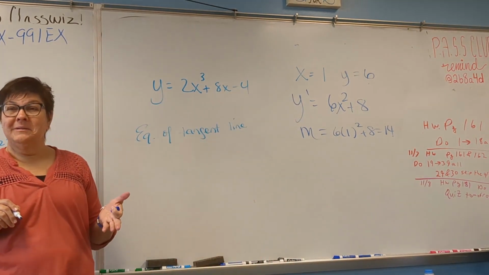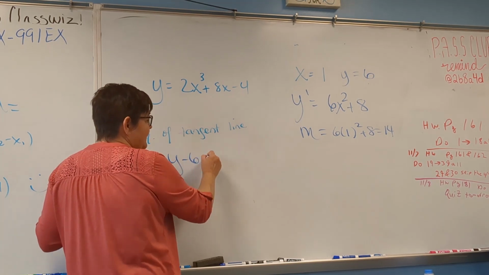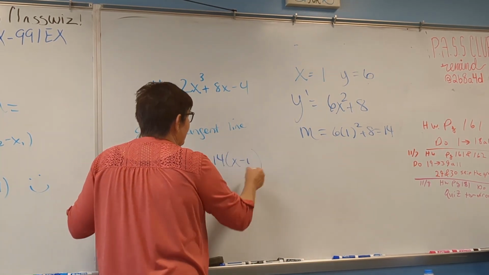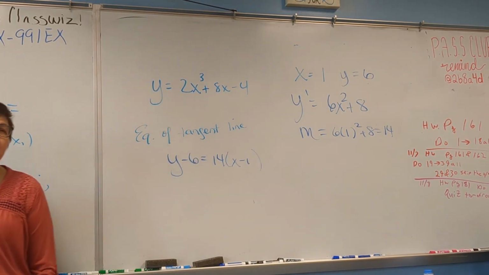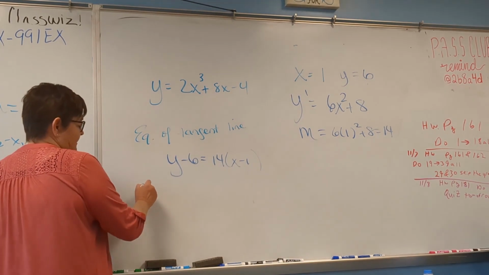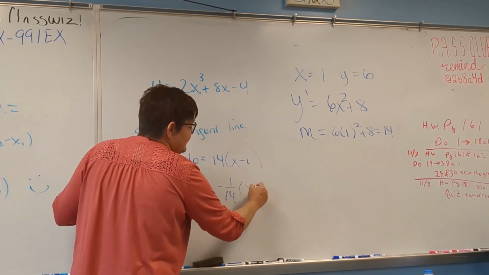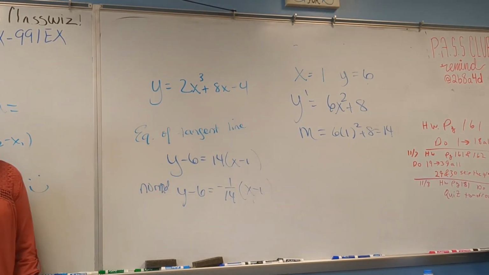So then the equation of the tangent line is y minus 6 is equal to 14 times x minus 1. What would the equation of the normal line be? Beautiful. What do you think? Easy enough?